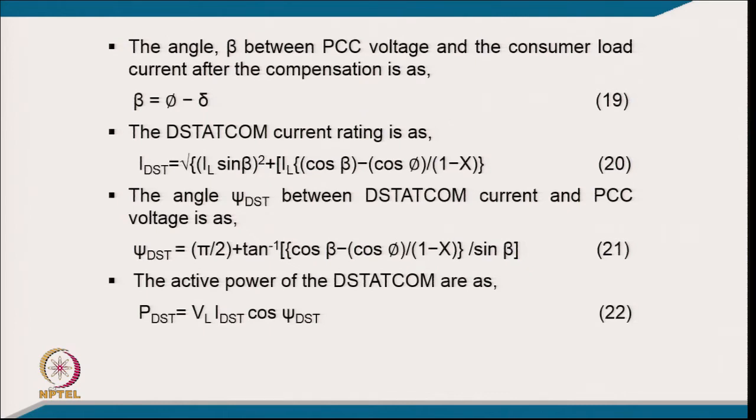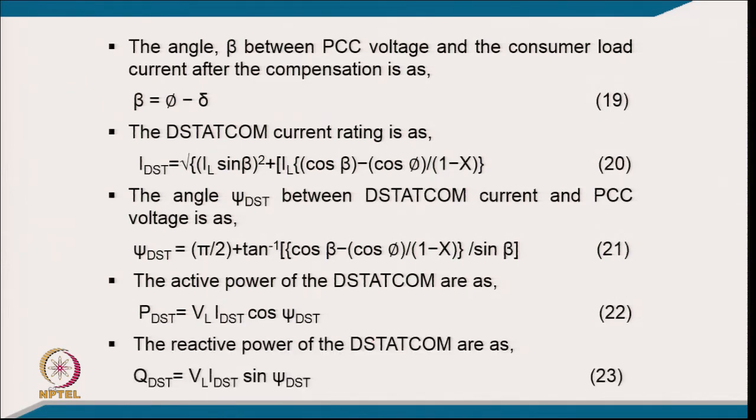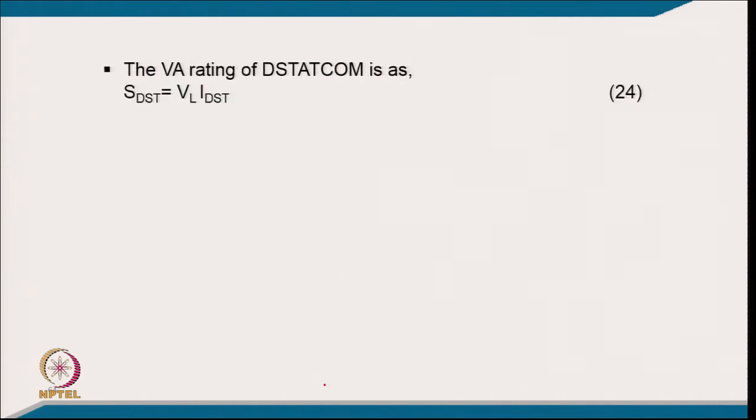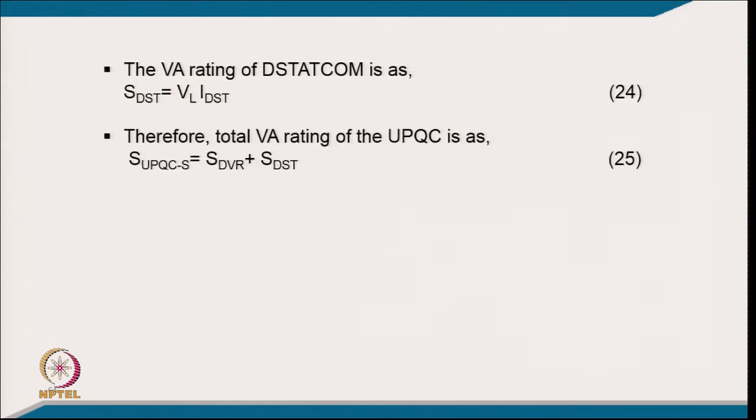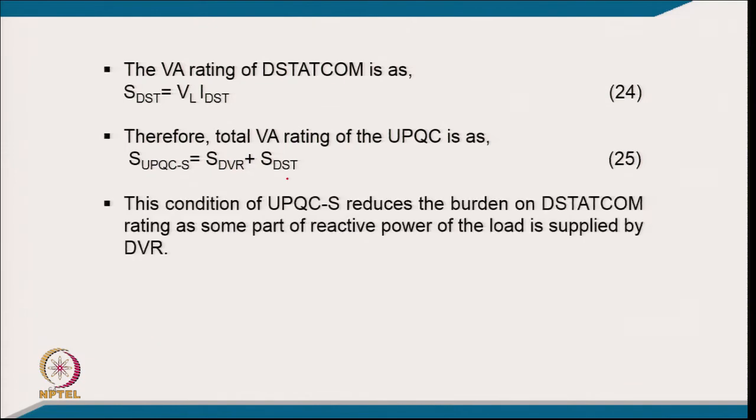The active power of the D-STATCOM is P_DST equal to VL I_DST cos phi_DST, and the reactive power of the D-STATCOM is Q_DST equal to VL I_DST sin phi_DST, and S_DST is VL into I_DST. Therefore, the total VA rating of the UPQC is the sum of S_DVR plus S_DST.